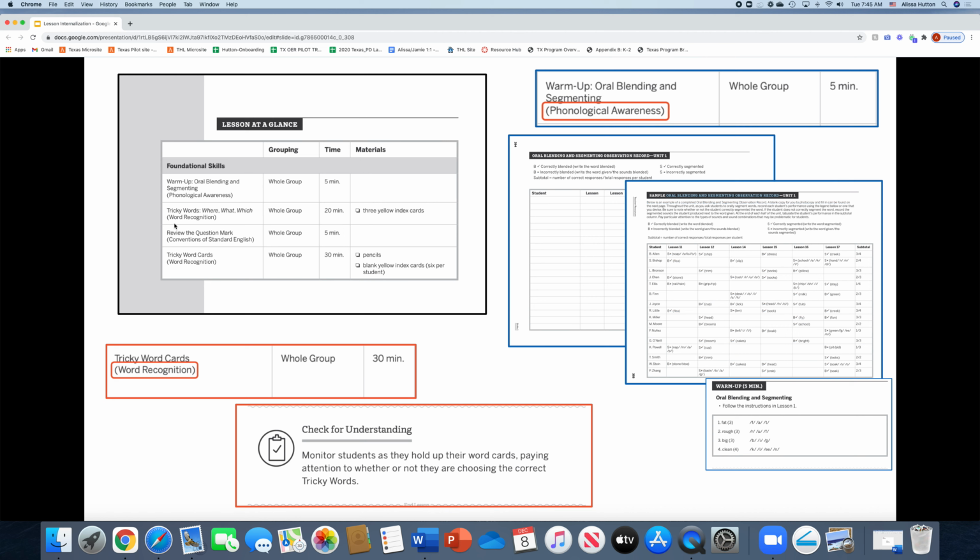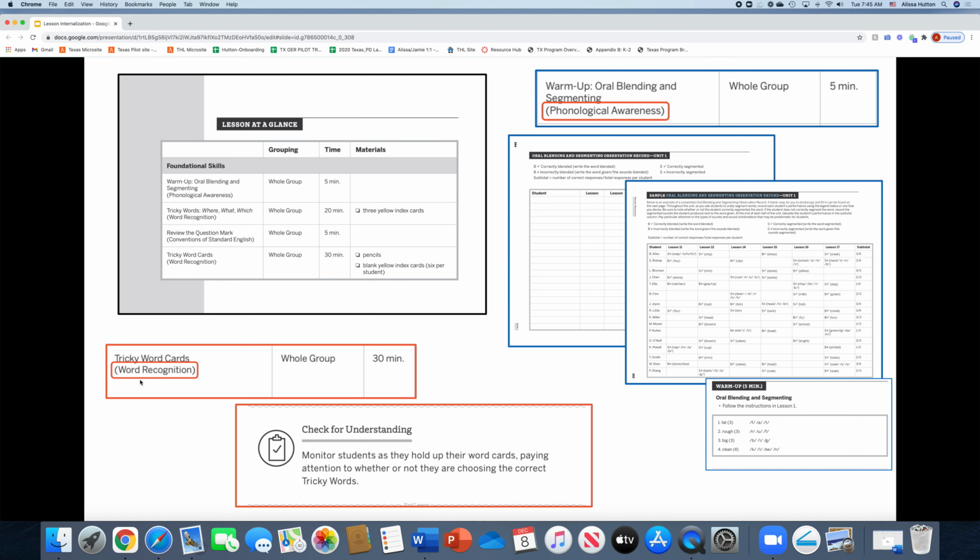The tricky word section is for word recognition, and there's two different sections within the lesson that's addressing that. And then there is another foundational skill in this lesson where we're focusing on the conventions of standard English, and in this particular lesson, really reviewing what a question mark is doing in a sentence and how we read differently when we see a question mark at the end of a sentence.